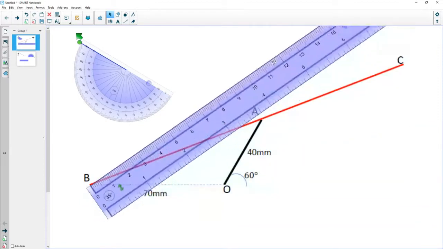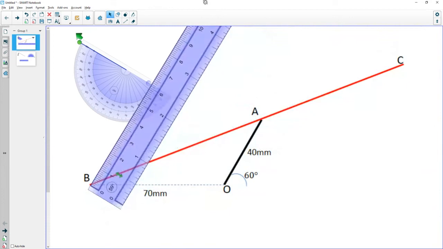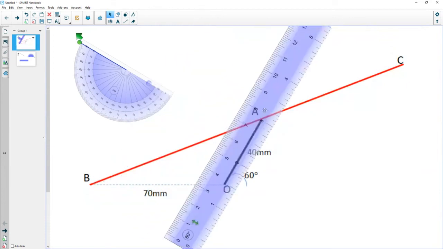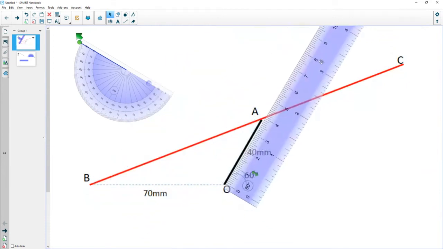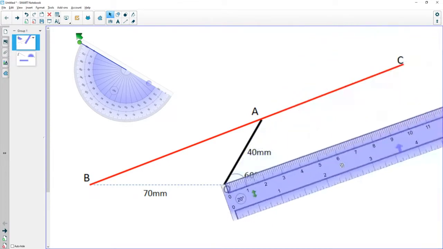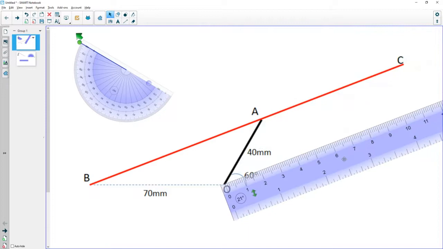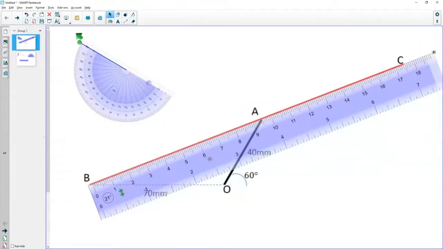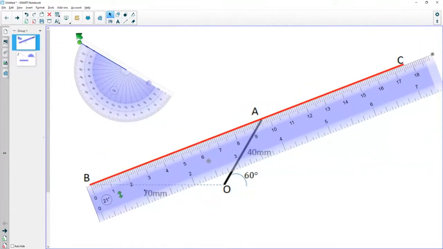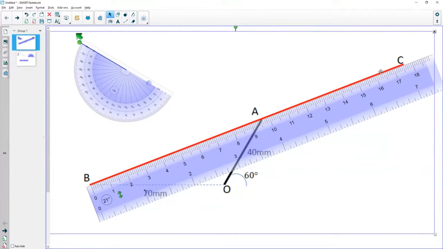If I do that, fortunately I have a protractor on the bottom of my rule. I found that the other day, so that's useful. You can see my 40 millimeters is near enough correct, and if I come to the 21 degrees, my BC is just slightly short, so I will just extend.